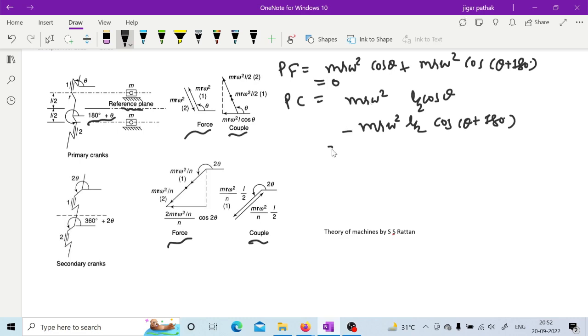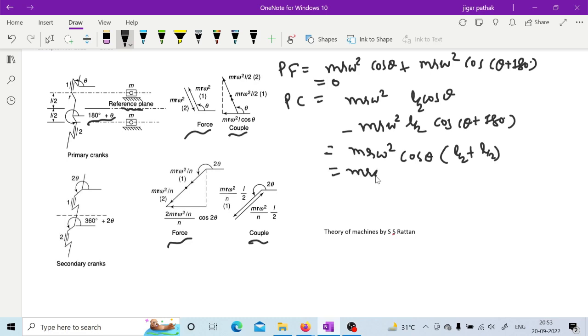Because of that, the primary couple is M R omega square, L by 2 plus L by 2, because cos of theta plus 180 is minus cos theta. So if I take cos theta out, then L by 2 minus minus, plus L by 2 will be there.